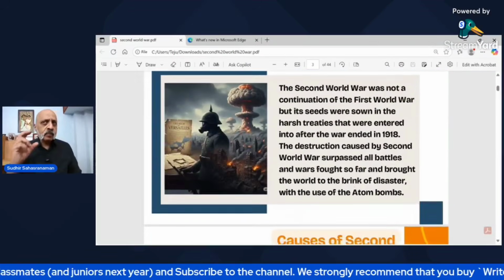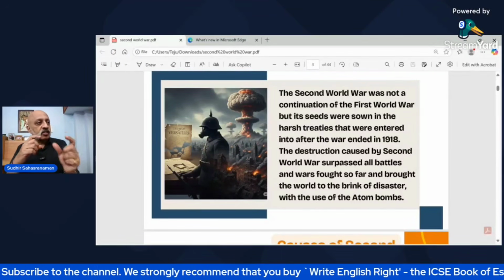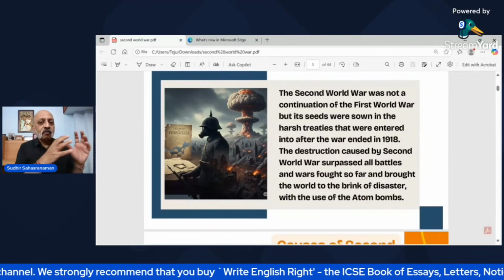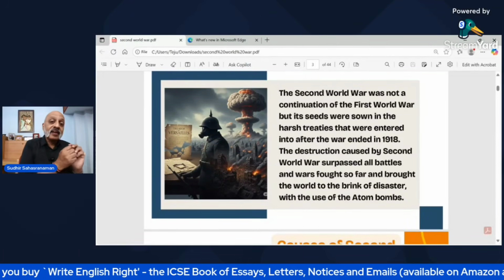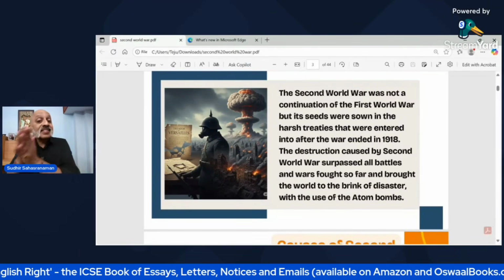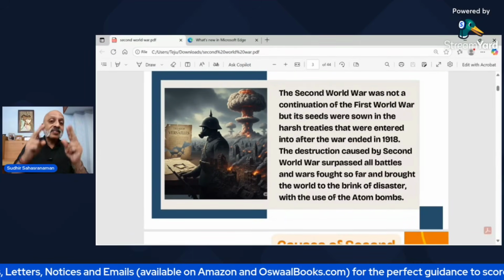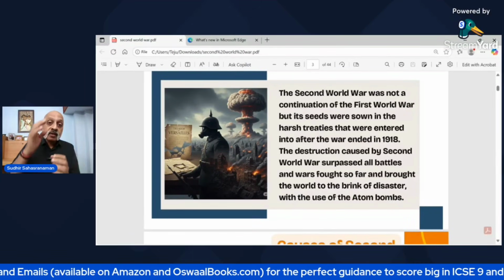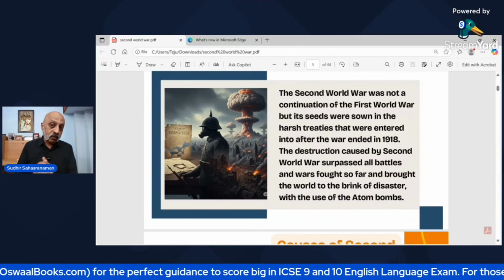Now, please remember that there was a gap of 20 years, because the First World War fighting ended in 1918, the Treaty of Versailles was signed in 1919, and the Second World War started in September 1939. So that means roughly 2 decades separated the end of the First World War and the beginning of the Second World War.